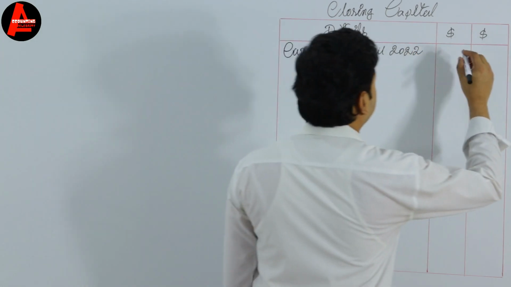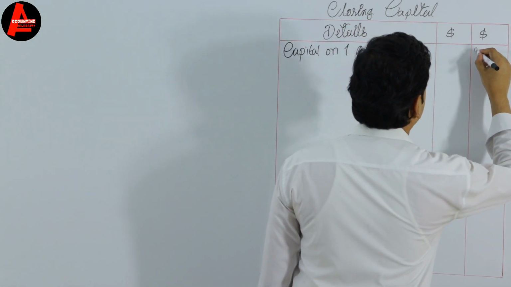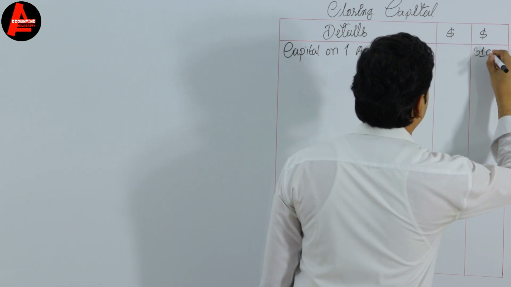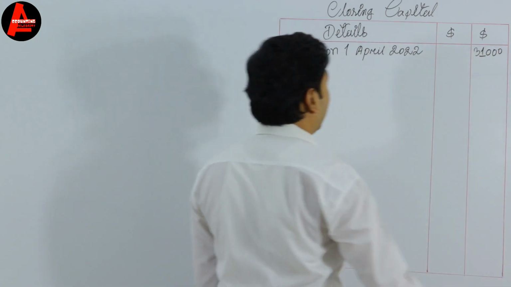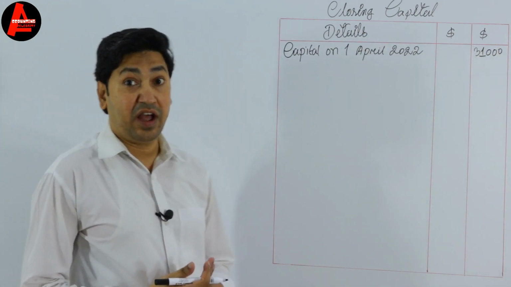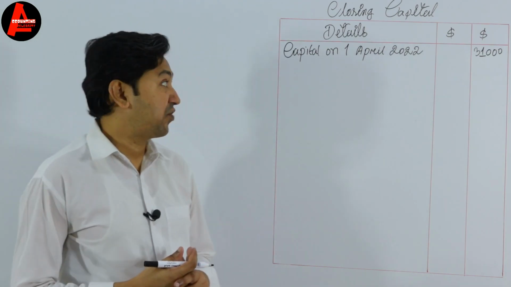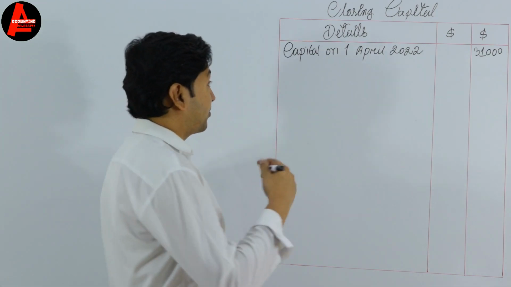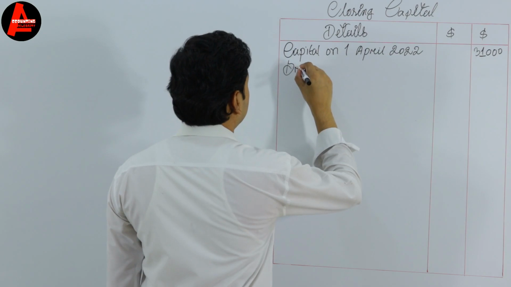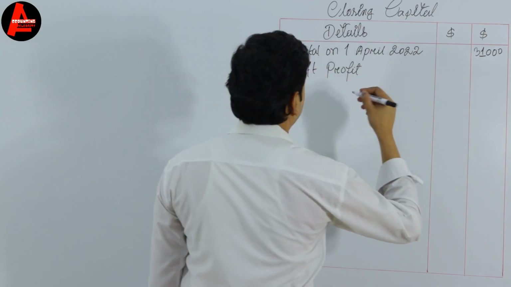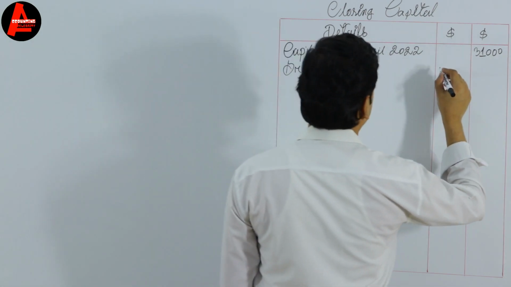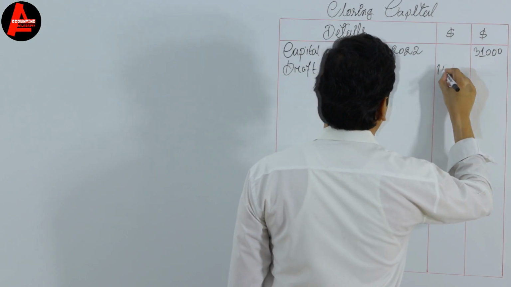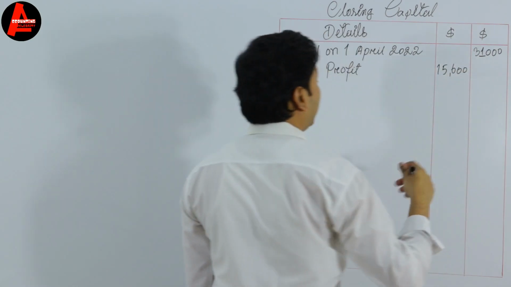Here the capital is $31,000. This is the opening capital. Now here we have draft profit for the year, right? So let us write here draft profit. In the question, draft profit is $15,600. Now we will check all the errors.